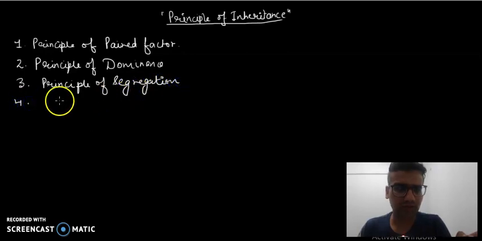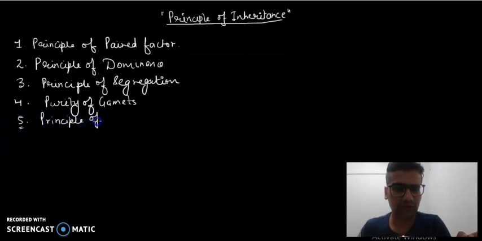The fourth principle is the principle of purity of gametes. And the fifth principle is the principle of independent assortment.